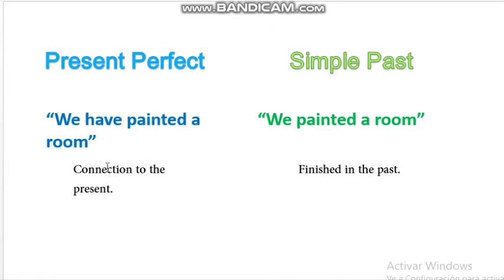Remember that. So there's a connection to the present. We have painted the room. We don't know until when. But on the other hand, in the simple past, the sentence, we painted a room, the fact is that we finished painting the room. The fact that we painted the room has finished. It finished in the past.